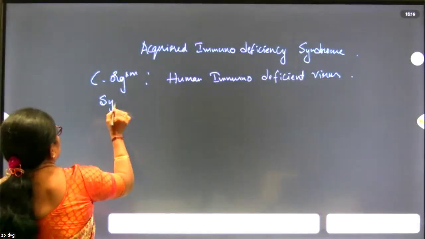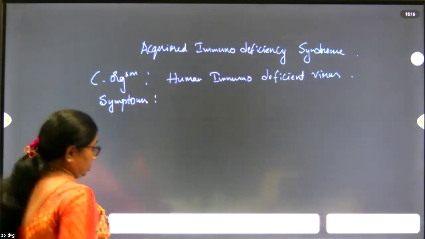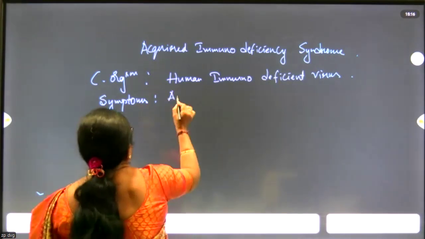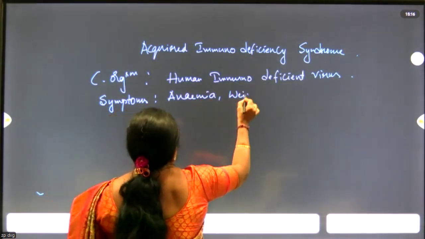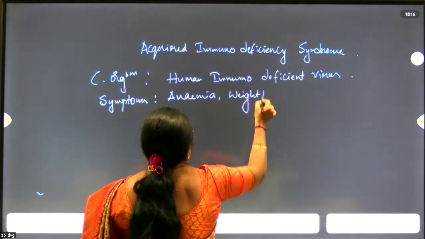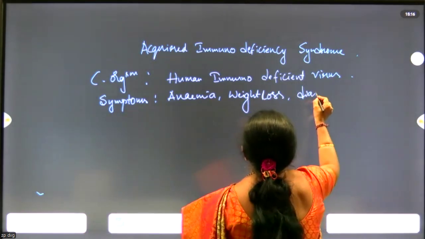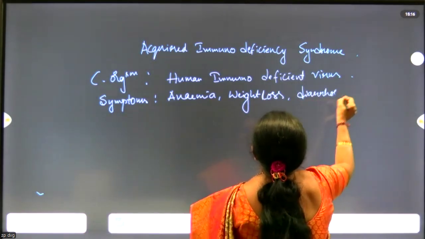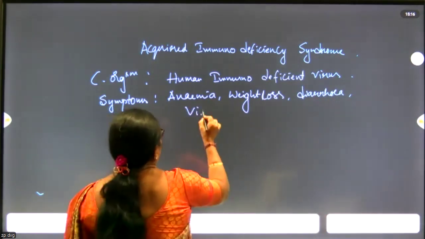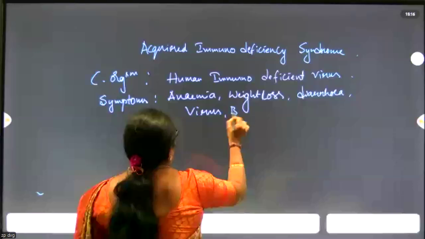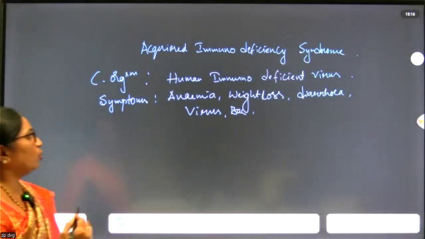Next, coming to the symptoms of the disease: anemia, weight loss, diarrhea, various skin infections, infection by viruses, bacteria, fungi, etc., and also protozoans like Toxoplasma.